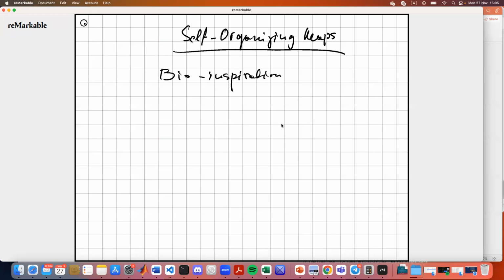So what is the biological inspiration for self-organizing maps? Here we have studies of the cerebral cortex, and specifically a study that particular inputs activate certain areas in the brain.